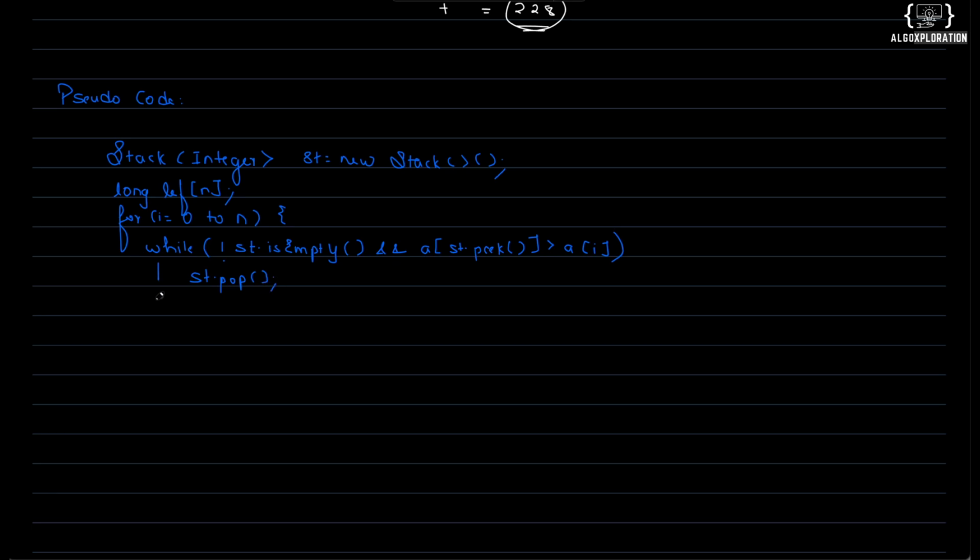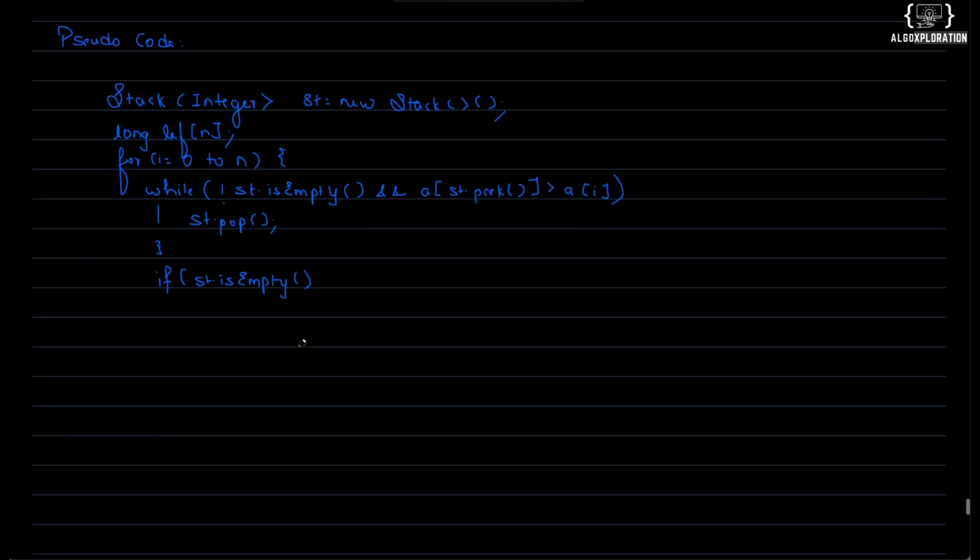Okay, after that I need to calculate the count. So I need to check first if stack is empty or not. Remember, if the stack is empty, the p1 should be substituted with -1, and the formula for that was I minus p1.